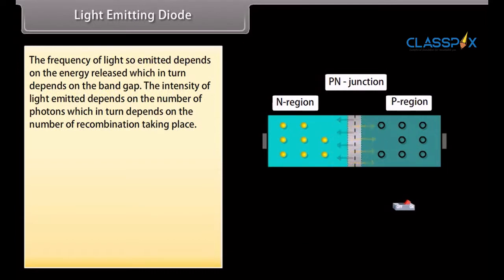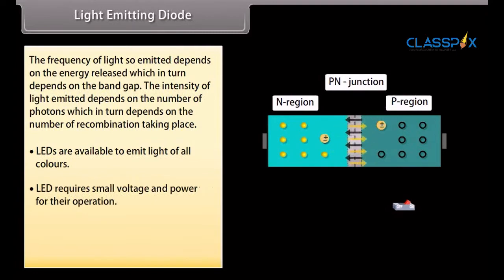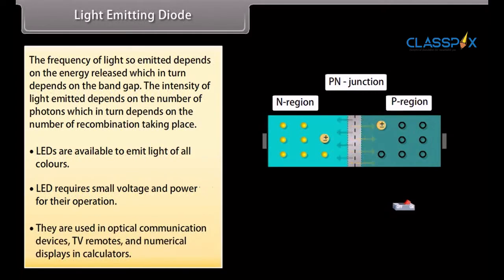The intensity of light emitted depends on the number of photons, which in turn depends on the number of recombinations taking place. LEDs are available to emit light of all colors. LED requires small voltage and power for operation. They are used in optical communication devices, TV remotes, and numerical displays in calculators.